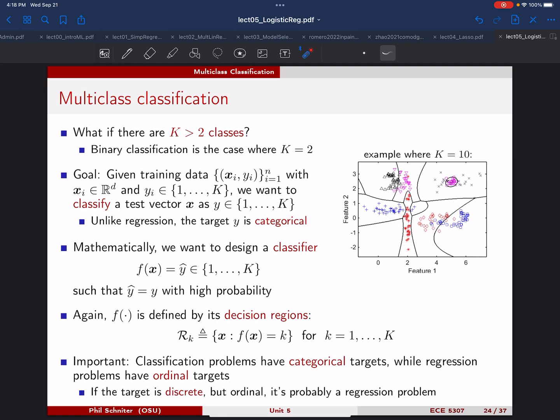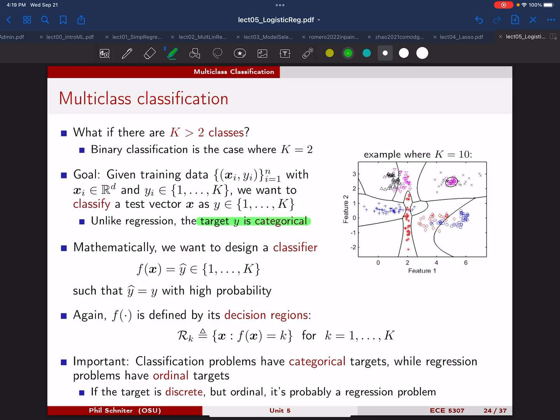So again, to start from the beginning, let's say you're given training data, x, y pairs. x is a vector, but now the ys represent different categories. So this is categorical target data.